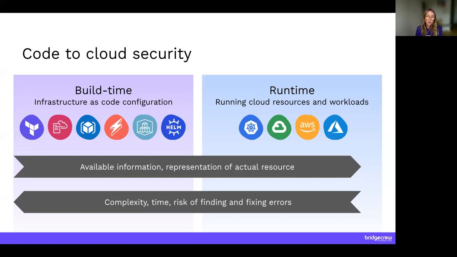That resource has then drifted from its infrastructure as code ideal state. So it's really good to have visibility into both of those, as connected and/or independent visibility into code configuration and runtime configuration.